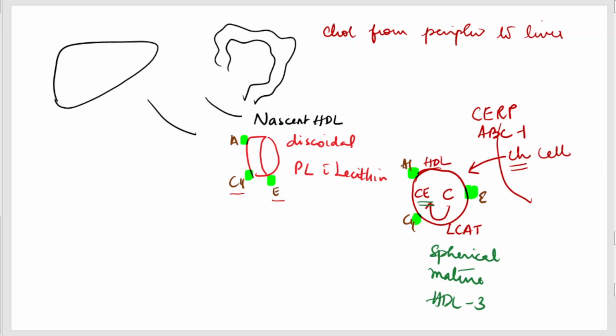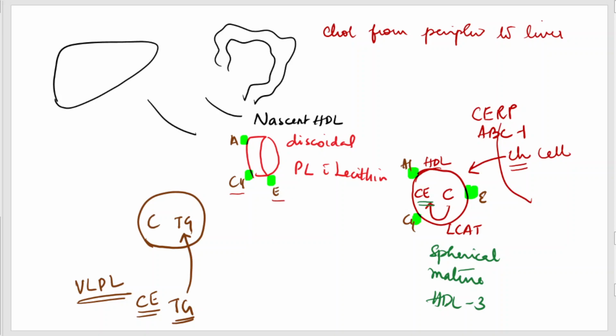Now, as it is in the circulation, we've got our VLDL molecules also, right? VLDL and LDL molecules will have cholesterol ester and triglycerides in them. There is more triglyceride in the VLDL molecules. Now these VLDL molecules will give off their triglycerides to the HDL and in turn get cholesterol ester from the HDL.